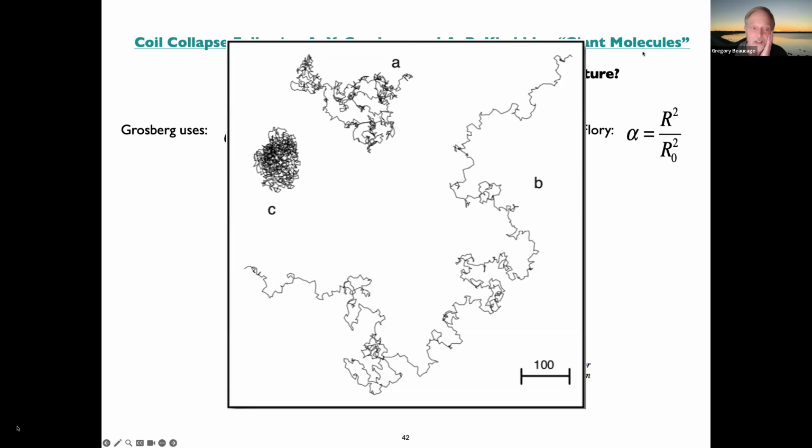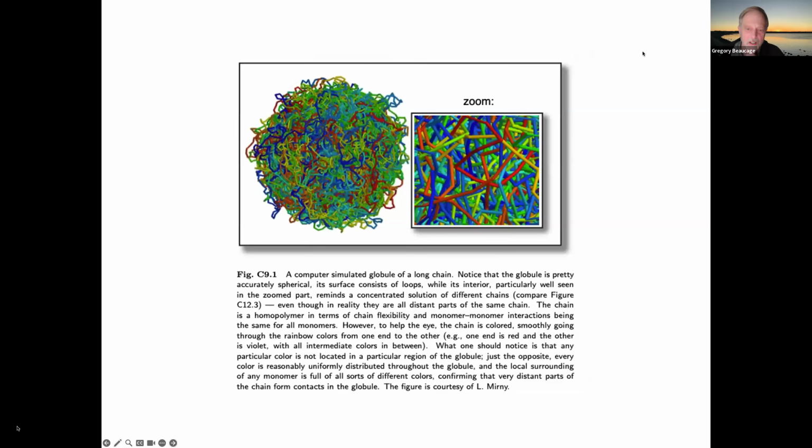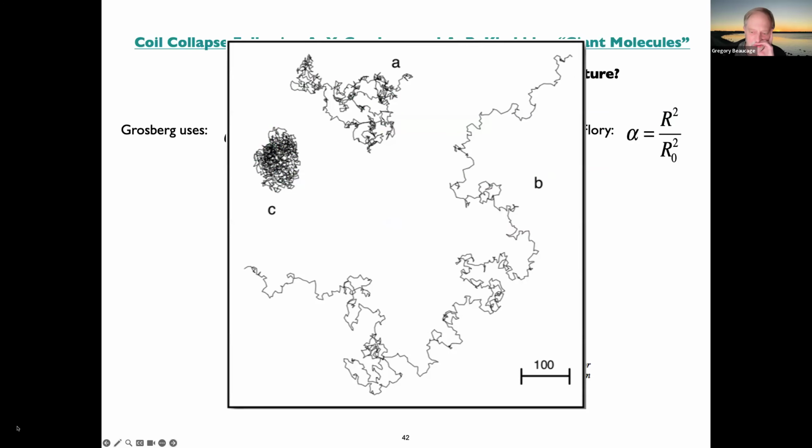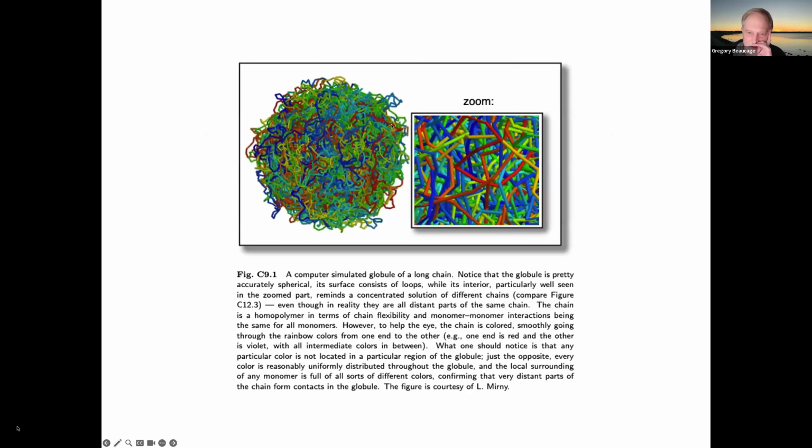And then if you look at a melt state, this is kind of a picture of what a globule would look like. In other words, if you took this structure and made the chain a rainbow, you're going down the rainbow as you go along the contour length of the chain. The different colors are all mixed randomly.